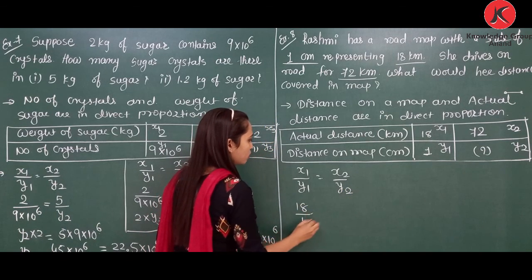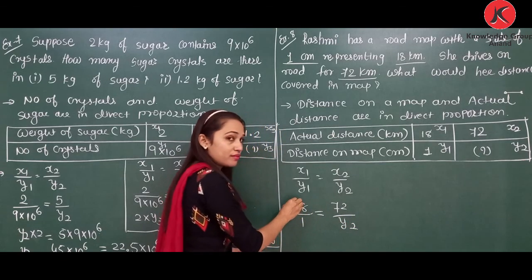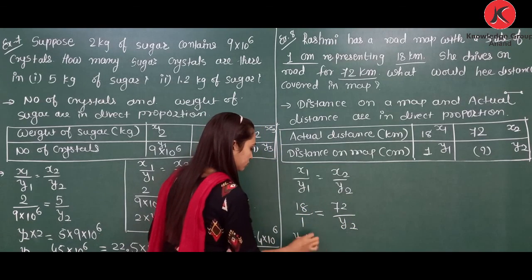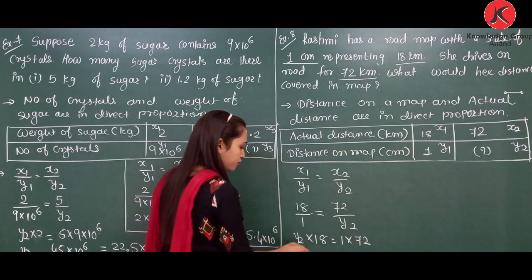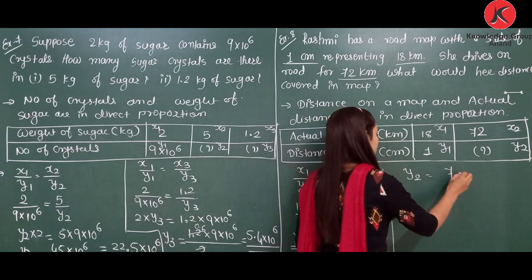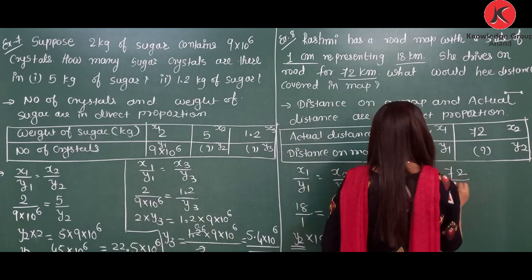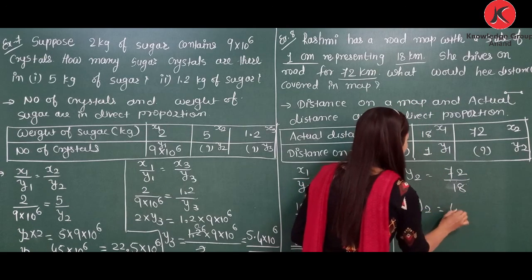So 18 divided by 1 is equal to 72 divided by y2. So y2 multiplied with 18 and 1 multiplied with 72. Now we need to find y2, so 18 will be in the divide. y2 will be 4 cm.